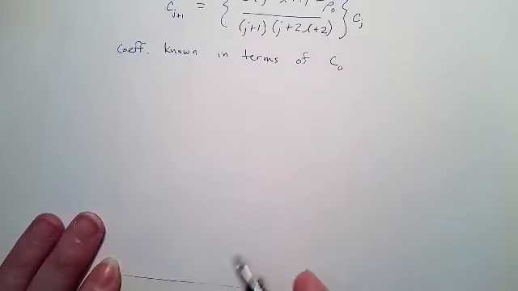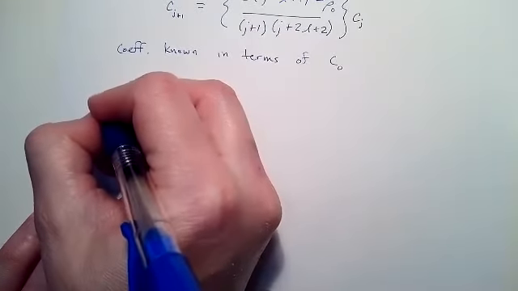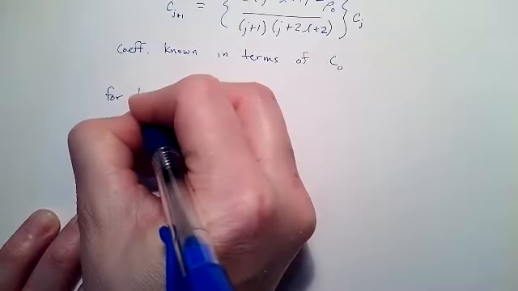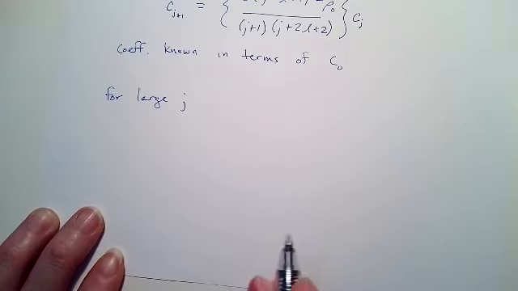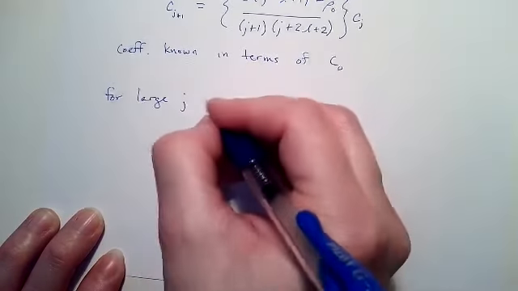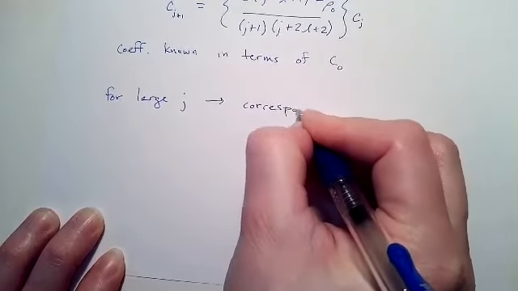So let's double check that this actually makes sense with the solutions we found so far. So if we've got large J, right, we start getting high up in that index, that would correspond to large rho.